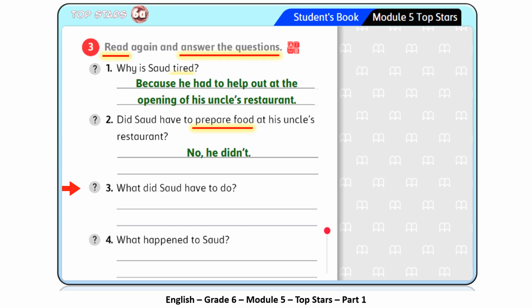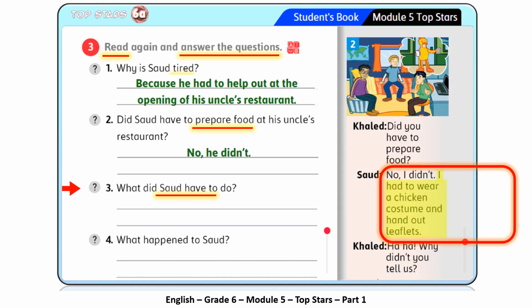What did Saud have to do? Go to the text. Saud said, "I had to wear a chicken costume and hand out leaflets." So the answer is he had to wear a chicken costume and hand out leaflets.